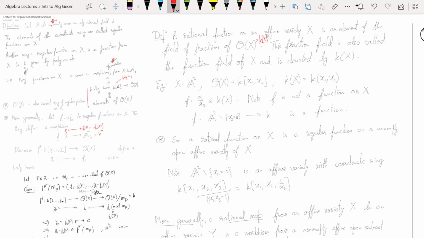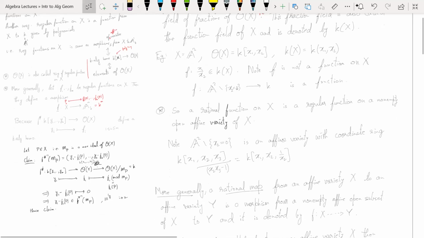So we will see that a rational function, another way to interpret it, is a regular function on a non-empty open subset of X. It has to be an affine variety, so it's a subset, but it also has a variety structure.